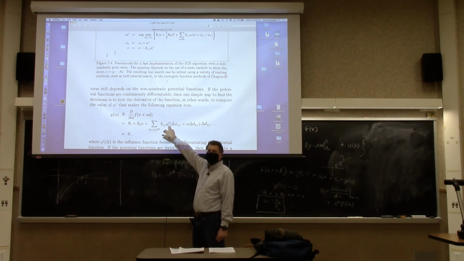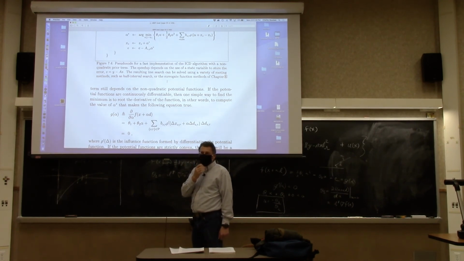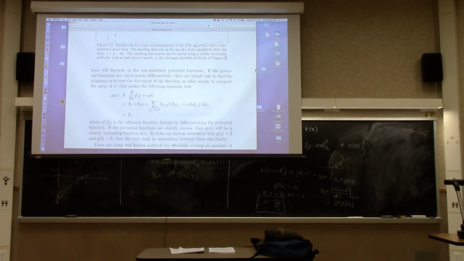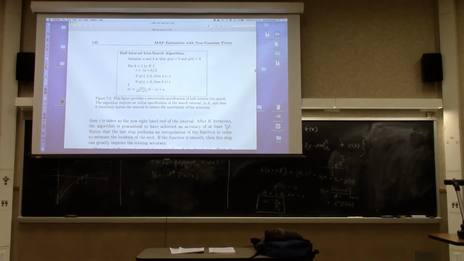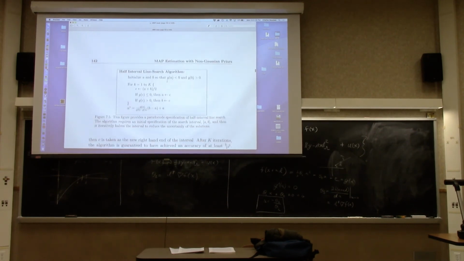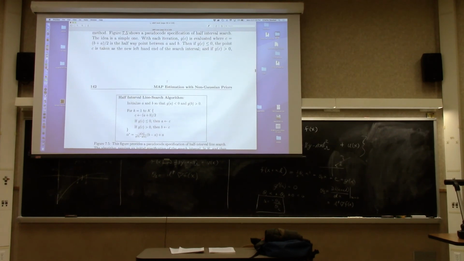It had a name? It's the influence function. So you basically have to evaluate the influence function to compute these gradients. Okay? And then that's it. Okay, so I think we're basically done with this chapter, but you got to read it carefully.